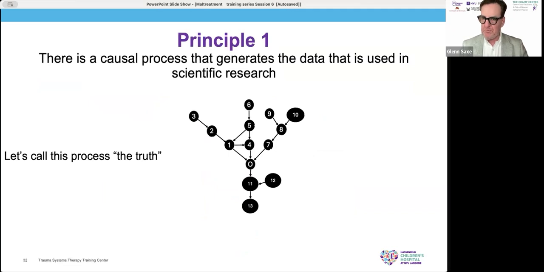So I talked about several principles of causal data science, from basic things that we're trying to do, there is a causal process generating the data that's used in our research, so we have to discover it.